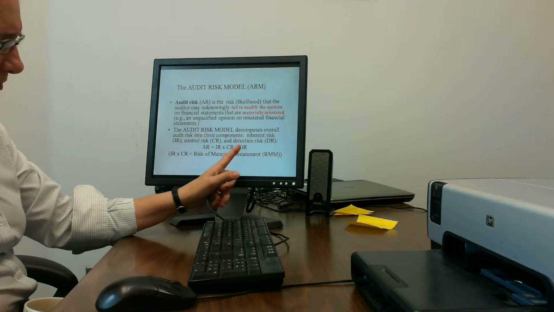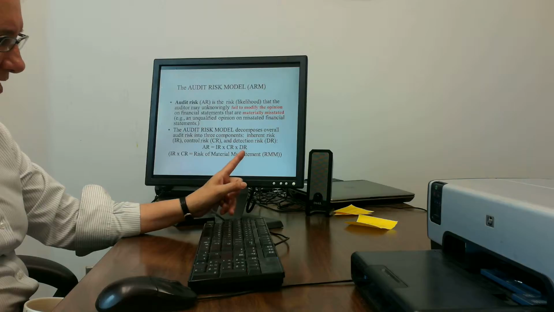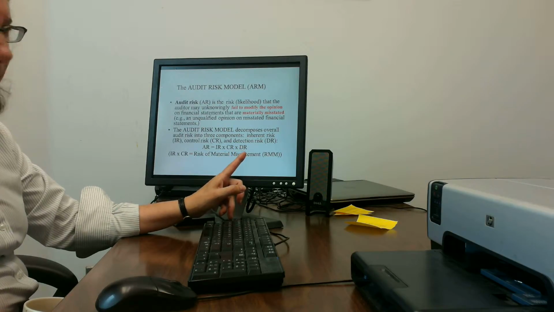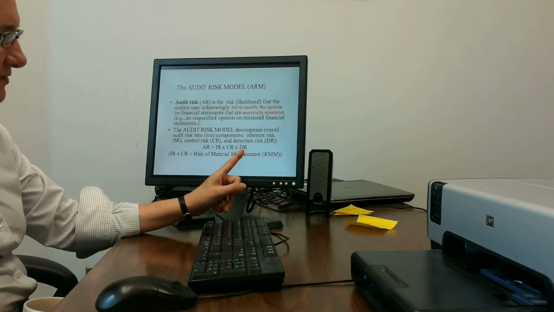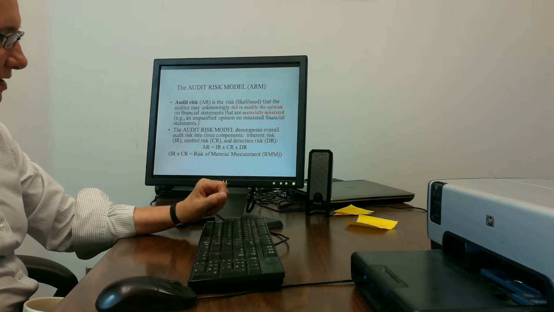So detection risk exists, and as an auditor, I can make this risk higher or lower by doing a good audit, right? So I want to keep this risk very, very low. I'll do more thorough or less thorough tests, right?